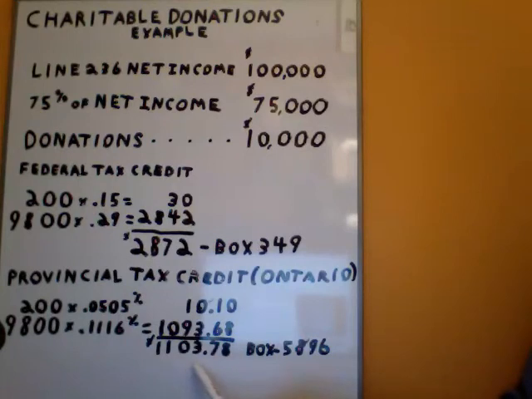The total Ontario non-refundable tax credit for charitable donations would be $1,103.78, which would be reported on line 5896 of your Ontario general return. That would help reduce your Ontario basic tax.